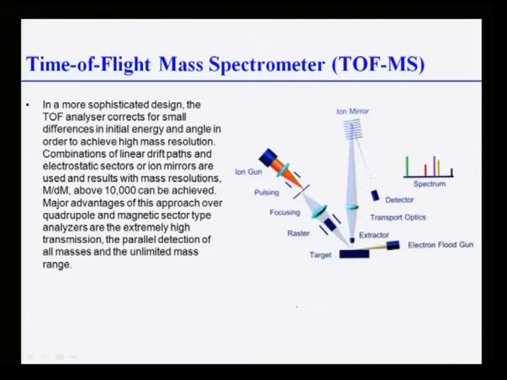They are accelerated with the same voltage, so the kinetic energy of each ion is the same at the beginning, and when they travel the long distance, the time of flight varies. In this way we can detect them. This is a sophisticated instrument, as I said, and used for many applications.